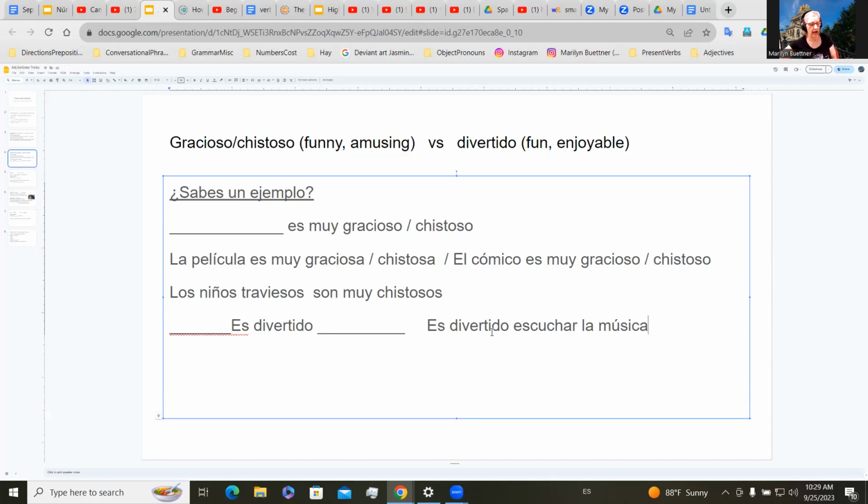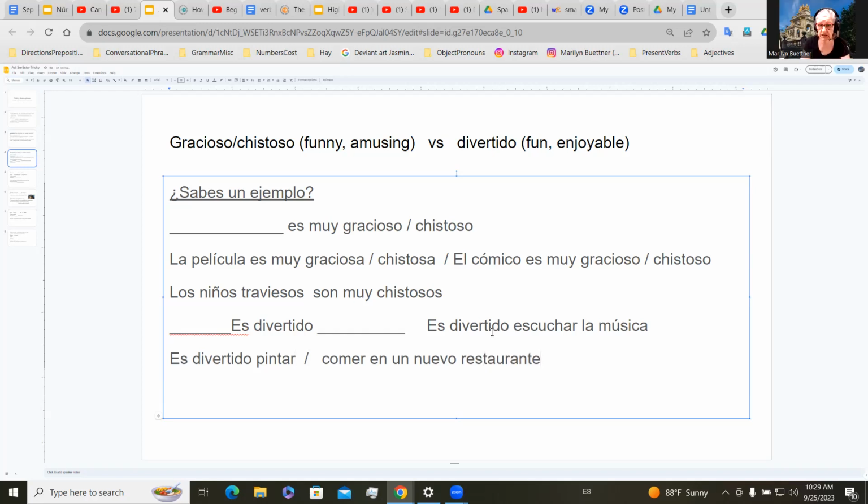Vale, bueno. Hay otro ejemplo. Es divertido pintar. Es divertido comer en un nuevo restaurante.